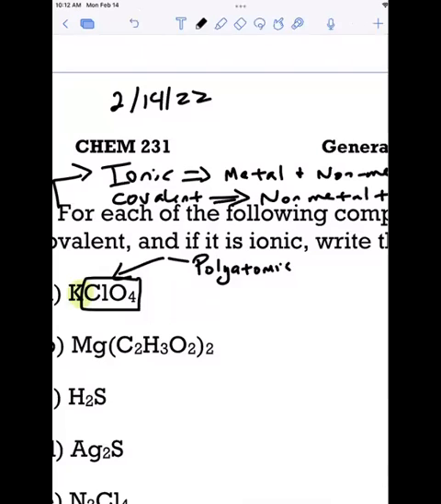Let me upload this to the chat. If you're on your phone, you're not going to be able to see it. But if you want to see it, you need to go to Blackboard and click the link that's in the announcement.